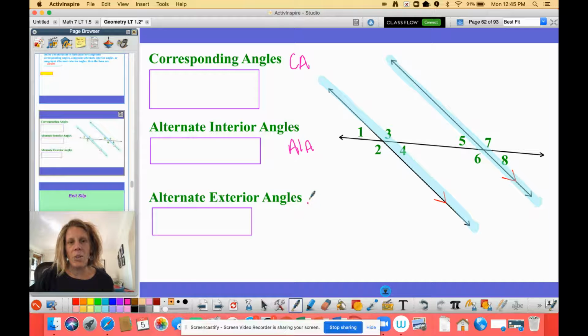Draw the sketch, because if you go back to look at your notes and you don't have the sketch, putting down numbers isn't going to help you at all. So draw the sketch, label the angles by the numbers just like you see them, and pause the video so you can write down what the corresponding angles, the alternate interior angles, and the alternate exterior angles are. When you're done, unpause the video to check your work.